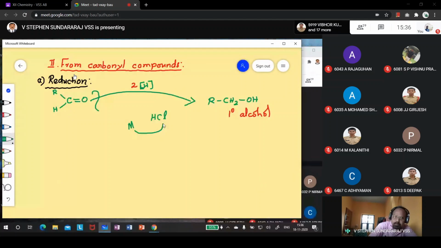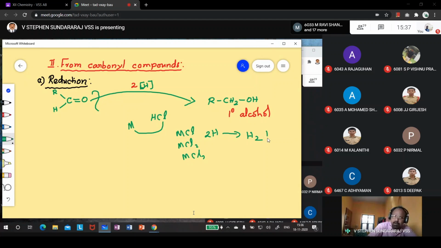So MCl or MCl2 as per the valency, MCl3 or whatever it is. Here H will be abandoned and now nobody is there to react, so two hydrogens will form hydrogen gas.